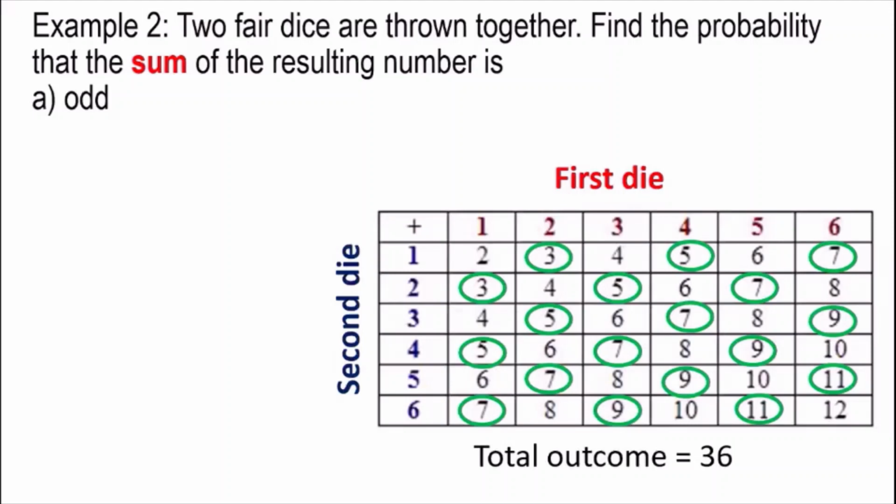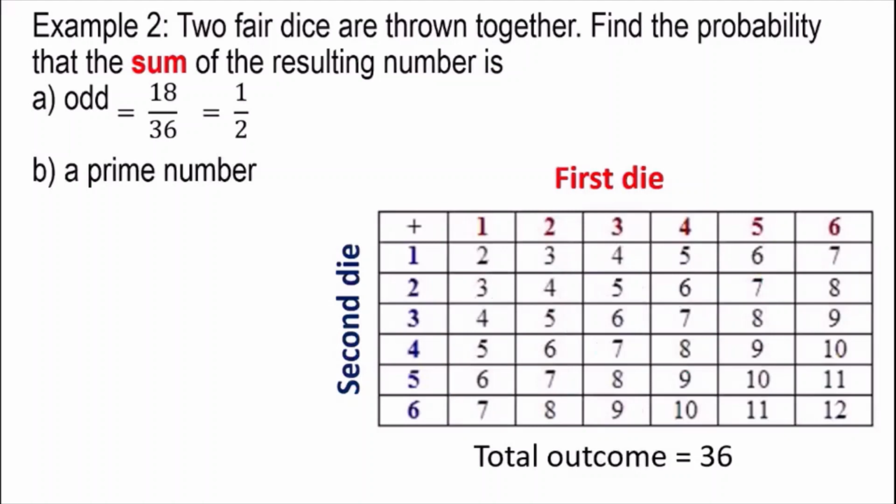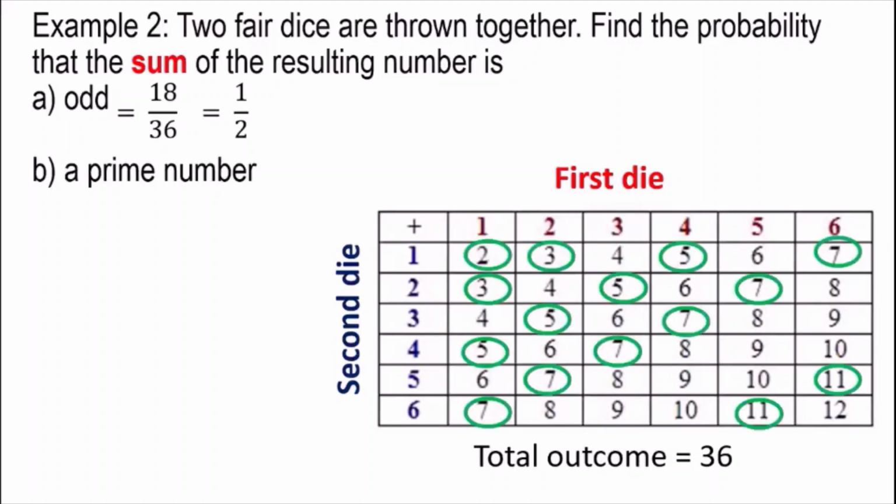There are 18 possibilities, and so the probability is 18 over 36. Lowest term is half. Next, prime numbers. There are 15 outcomes, and so the probability is 15 over 36. Lowest term, 5 over 12.